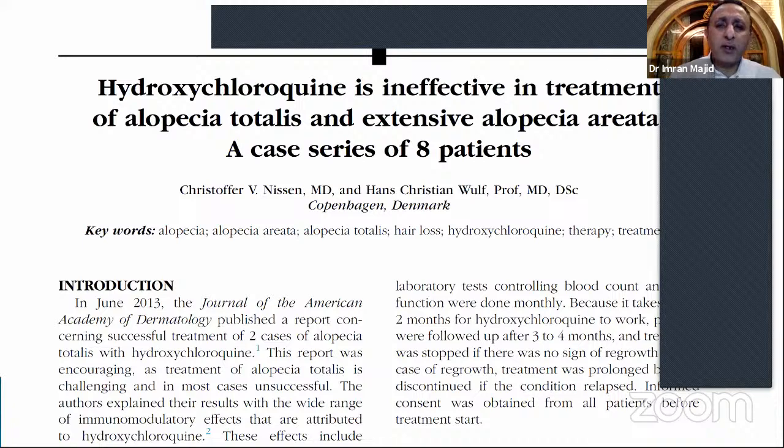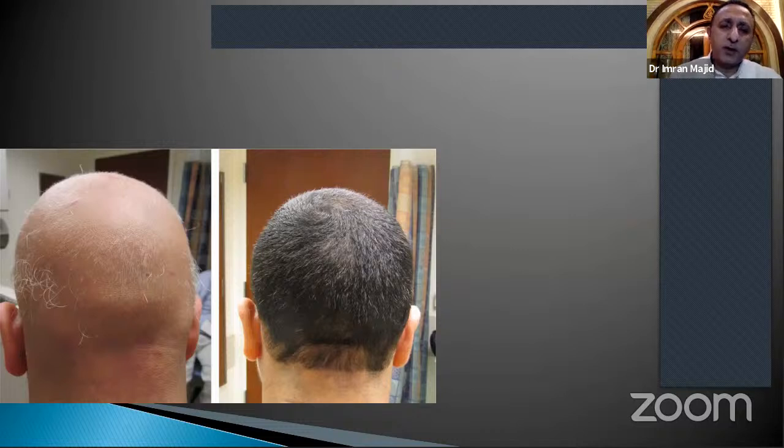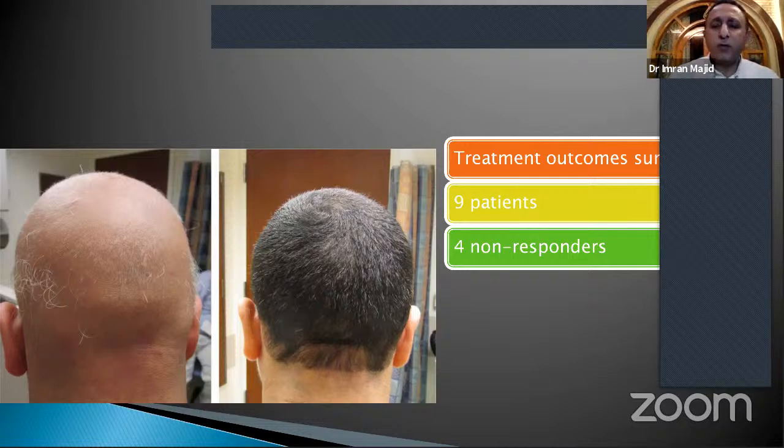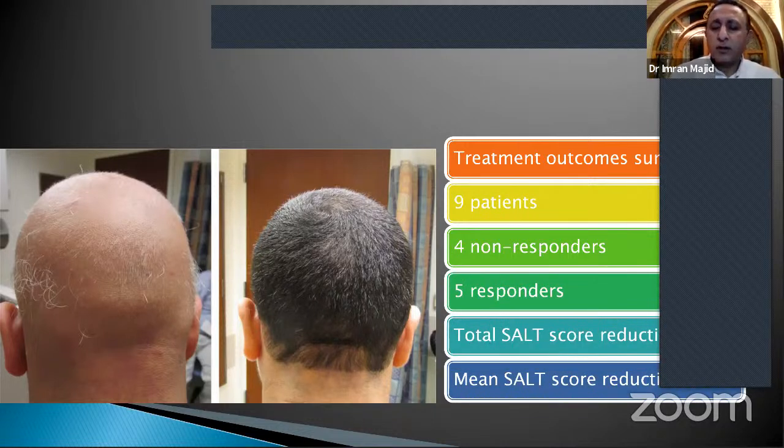So these are some studies that have shown that hydroxychloroquine is effective in treatment of extensive alopecia areata. Another study and some photographs from these studies that have been published. 9 patients, 4 non-responders, 5 responders, and significant SALT score reduction.